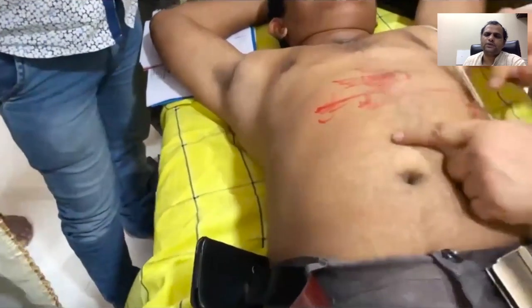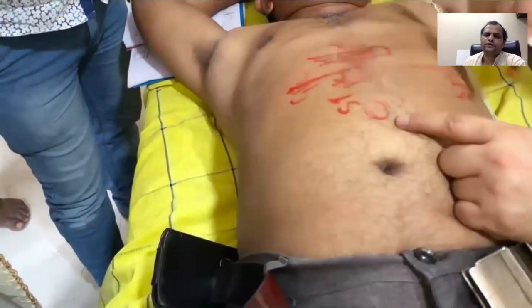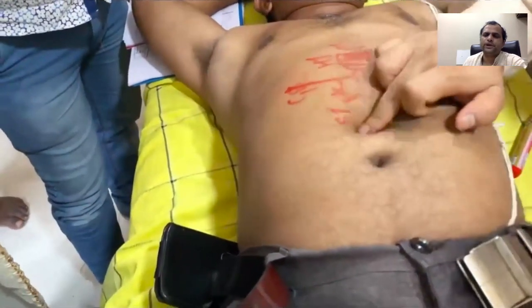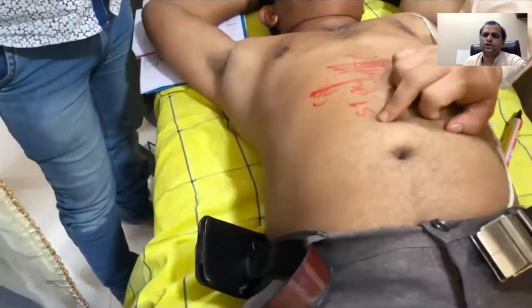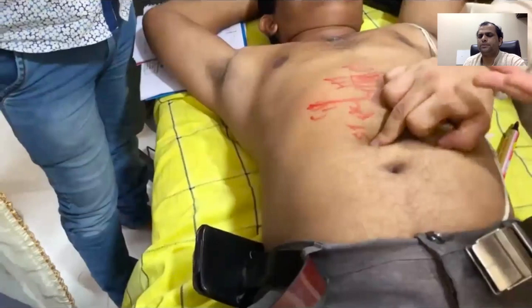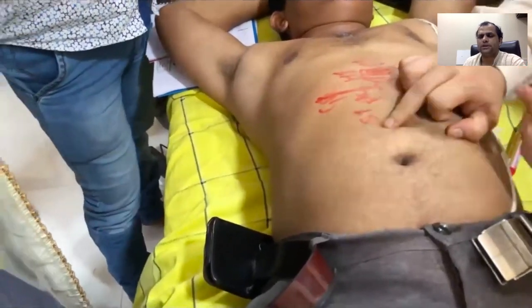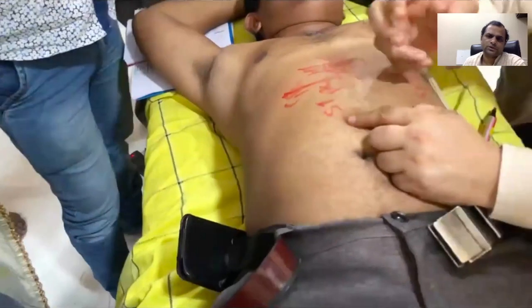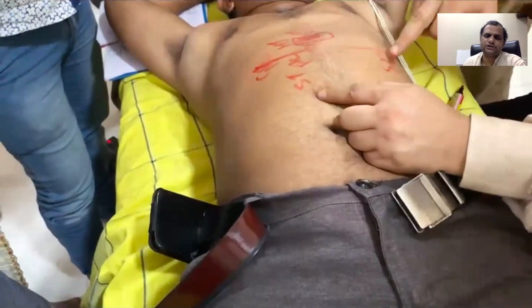Now this is the navel region. From the navel region, if we go 4 chun up, that is the point connected with the stomach. If we press here and it is tender and painful, this shows the pathology of the stomach, or the person may suffer with gas, acidity, any problem in the stomach. This is the point connected with all the diseases and disorders of the stomach.